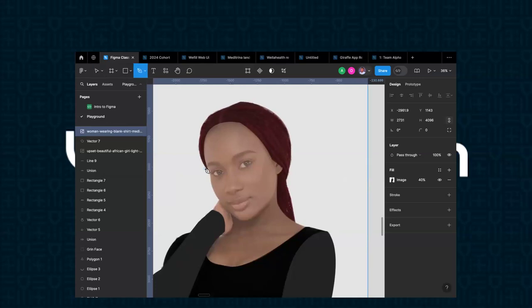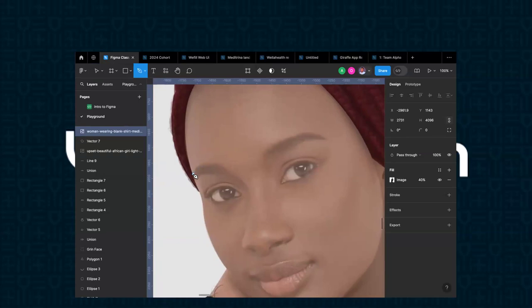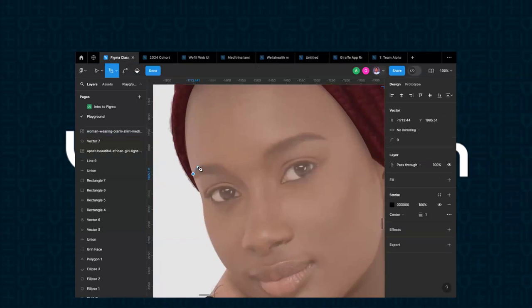The same pen tool that we used. Nothing different, we're not doing anything different, just the same thing. That done there.